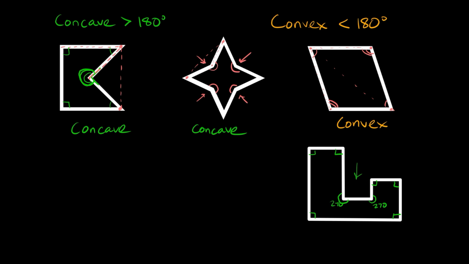Which are obviously bigger than 180 degrees. And again, for good measure, you could just start at one point and draw your imaginary lines to any other point or corner on your shape, right? So if we drew one from here to here, we're still on the shape, that's fine. What about from here to here? Oh, well, there we went outside the shape, right? So then here we can obviously confirm that this is a concave polygon.